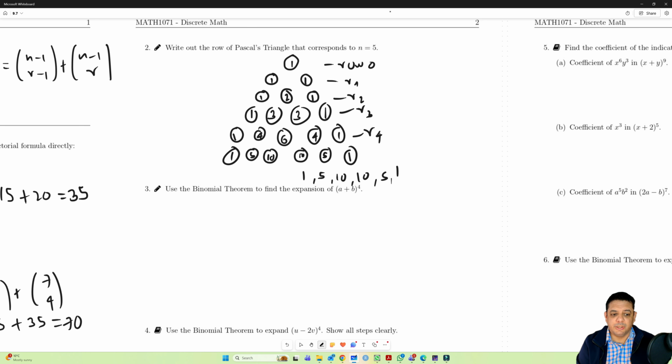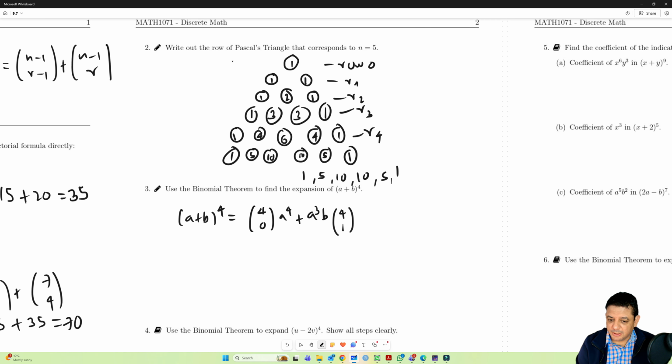Now we can use the binomial theorem to find the binomial expansion of a plus b to the 4. Remember, the way this goes is we start with the 4 row, so we go with 4 choose 0, which is going to be 1, a to the 4, plus a to the 3, b to the 1, with 4 choose 1.